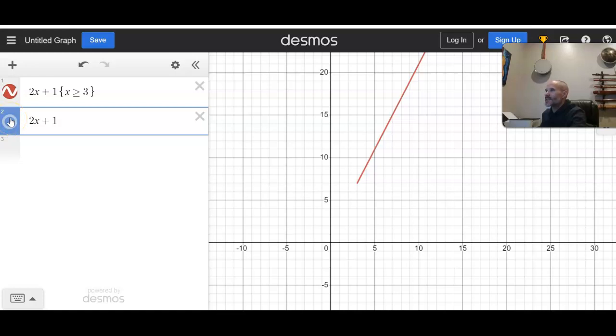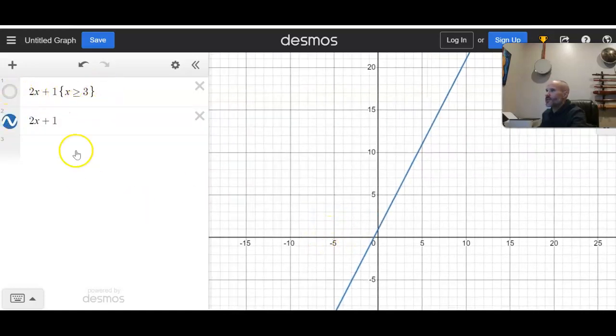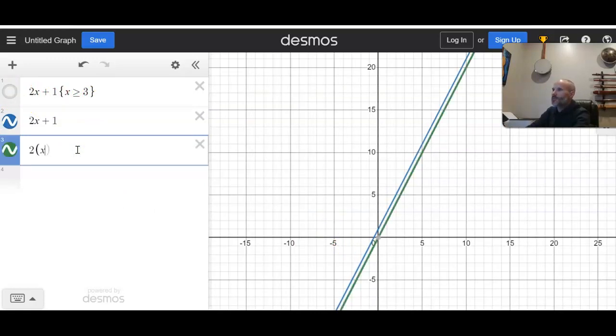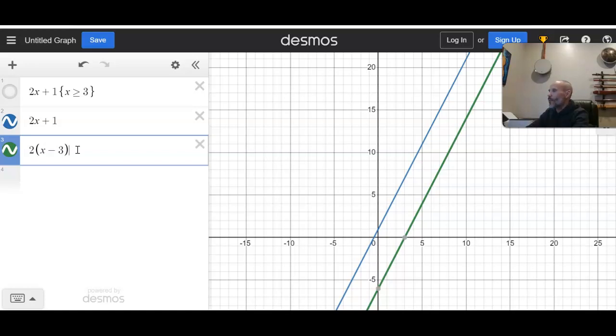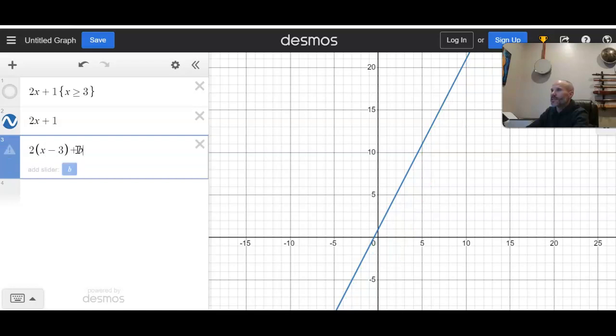So our task is to find some other function, and we know it's going to have the same slope, so I'll just say 2 times quantity x minus 3. Now, as you can see right now, 2 times quantity x minus 3 is that green line. That's not what we want. So what we'll do is plot 2 times quantity x minus 3 plus this b value.